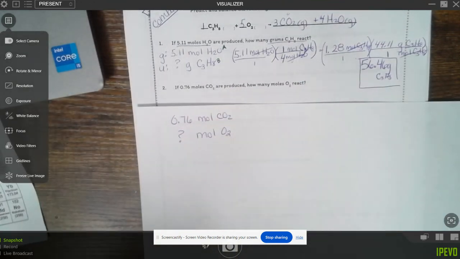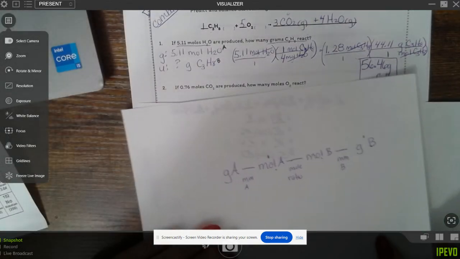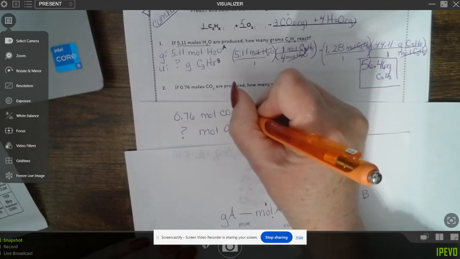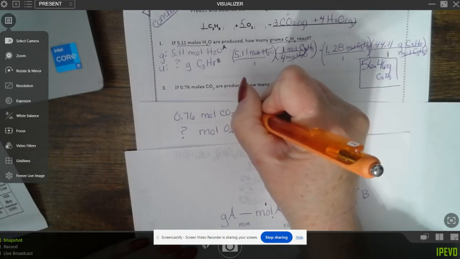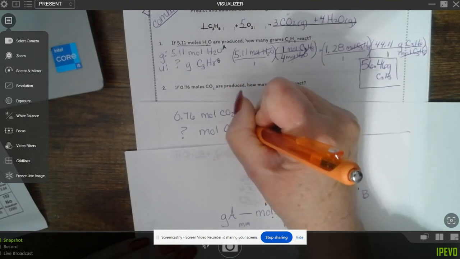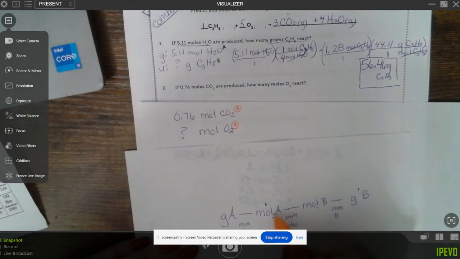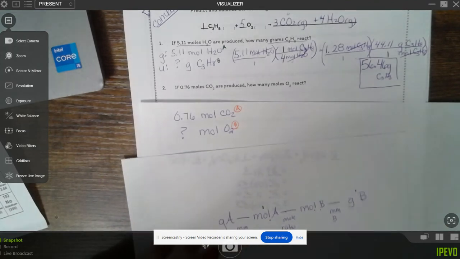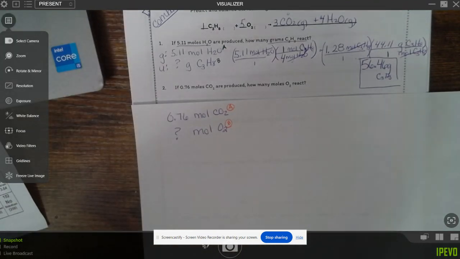All right, this is a nice one. If you look at this one, we're starting with, and remember, we're going to call the given substance A, the unknown substance B. So we're starting at moles of A, going to moles of B. So that's just a one-step reaction. That's awesome.